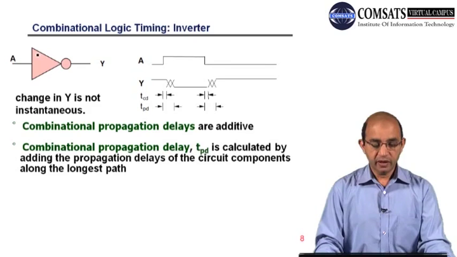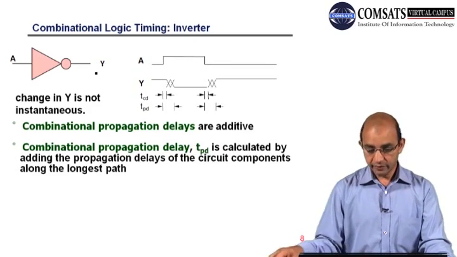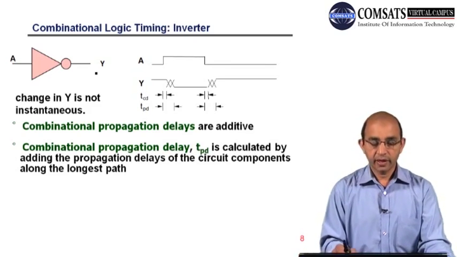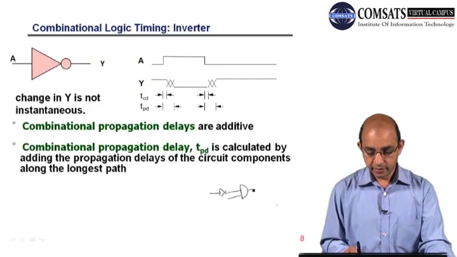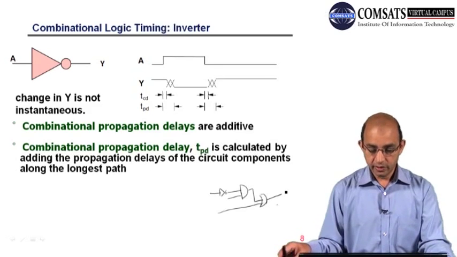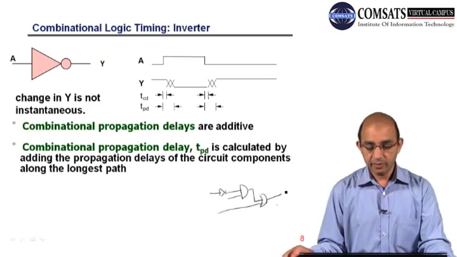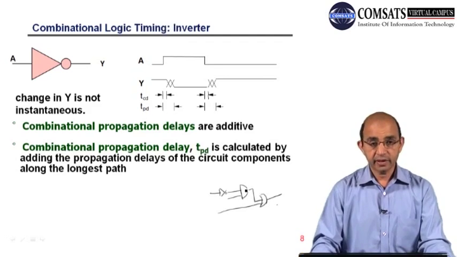So if we have an inverter, then an AND gate and an OR gate, like in this circuitry, how will you analyze the timing behavior?